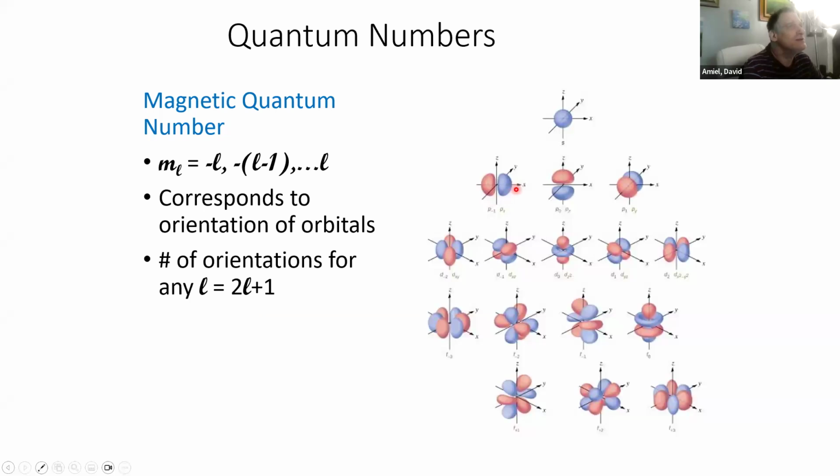So here are pictures, representations of m sub L with the other two quantum numbers pinned down. So you're seeing the orientation of the orbitals, why is this one on the py, this one on the pz, and so forth, that is the third quantum number, m sub L. Again, it just tells you the orientation of the orbitals in space.